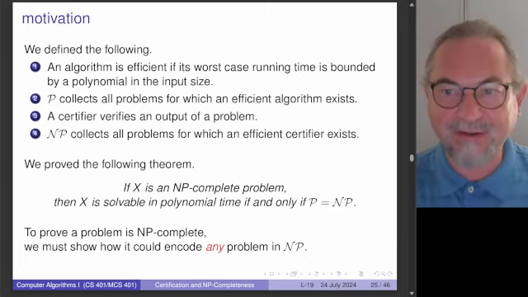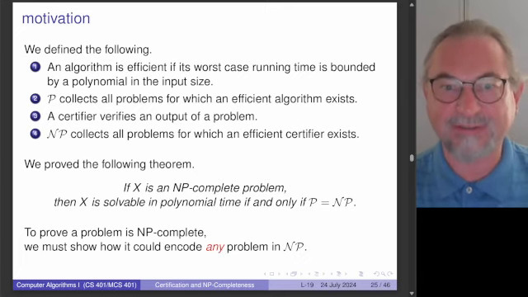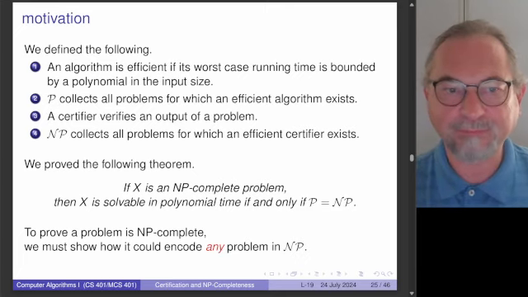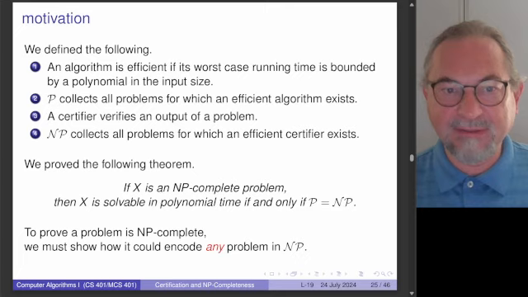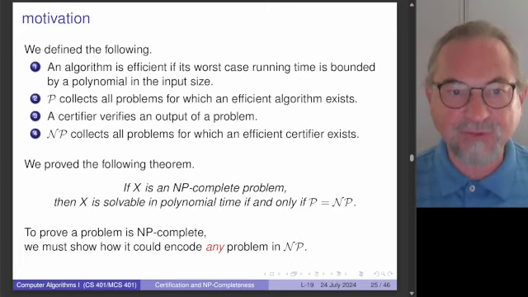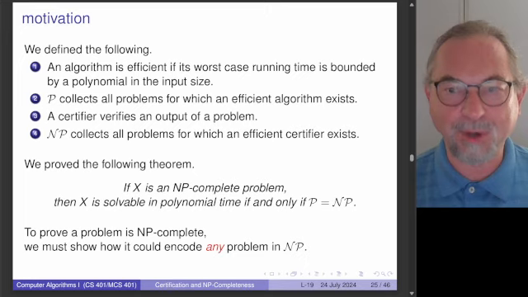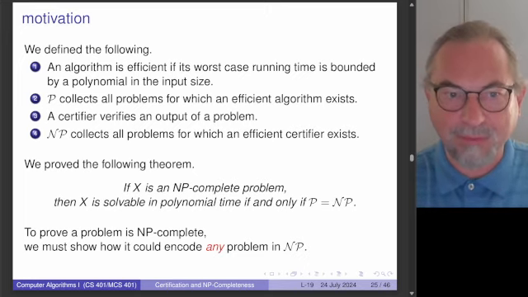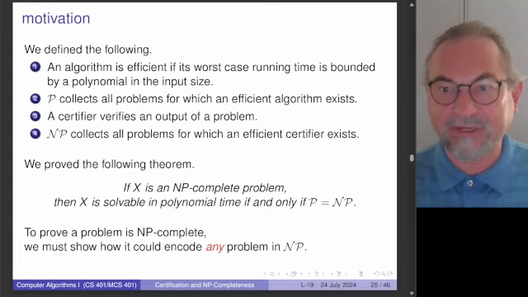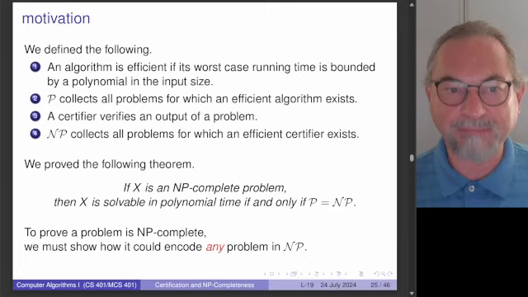So there is an important but subtle distinction. So we replace in the definition for NP the word algorithm by certifier. Now, previously we have shown that a problem for which there is an efficient certifier belongs to the class NP.